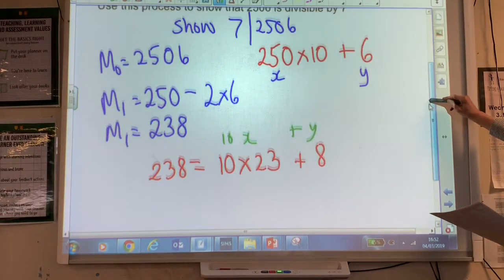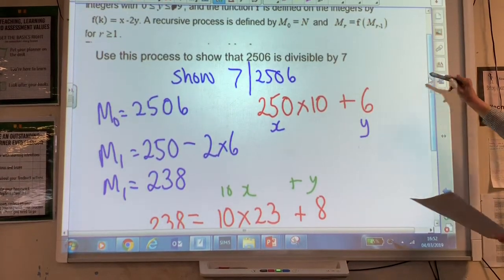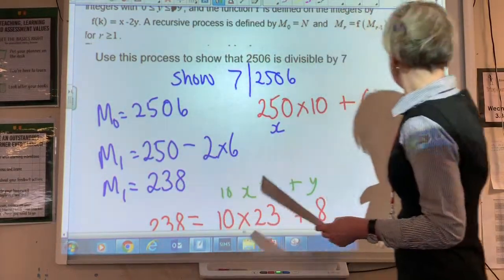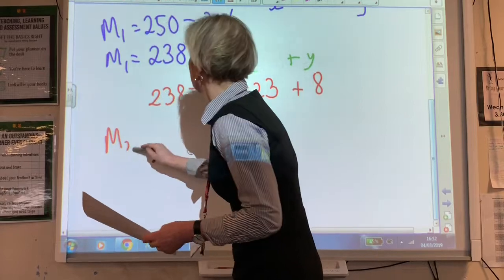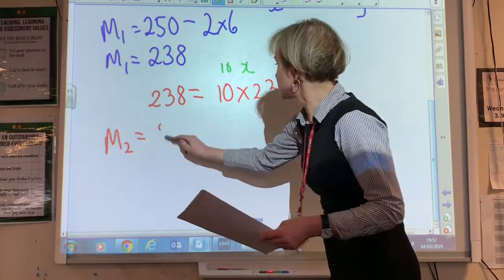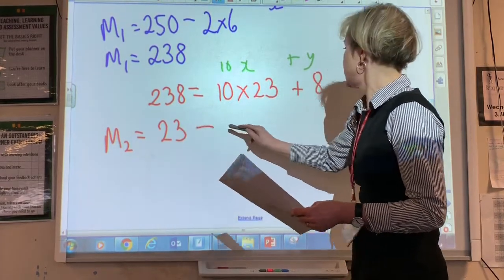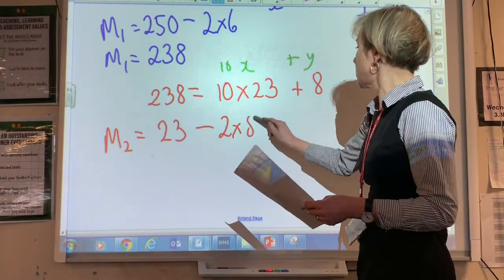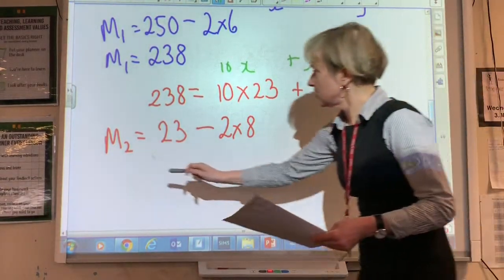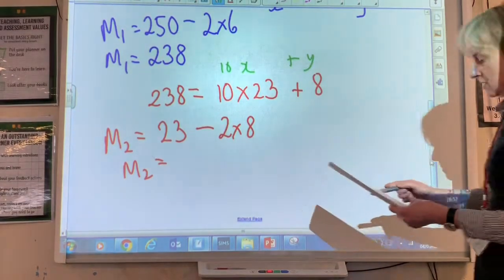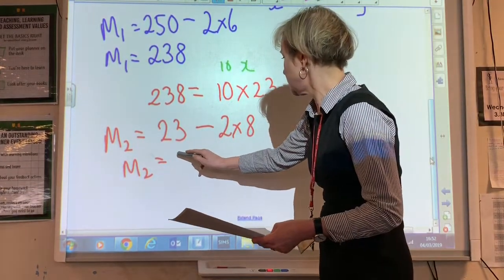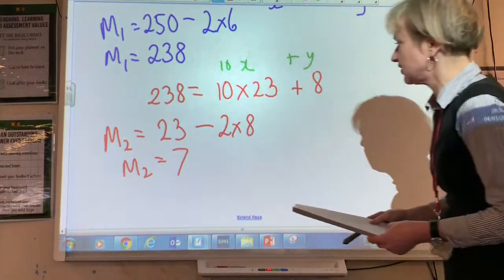Then to get your next iterate, you use x minus 2y. So m2 is going to be x, which is 23, take away 2 lots of y, which is 16. So m2 is 23 take away 16, which is 7.